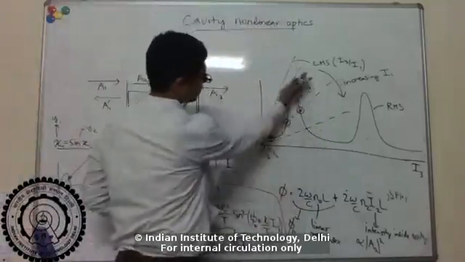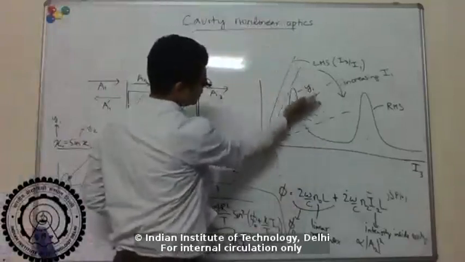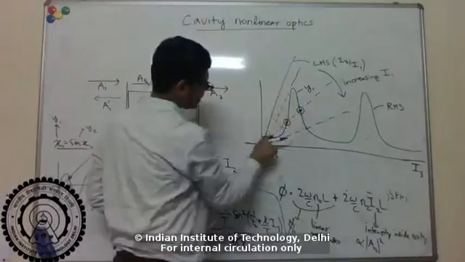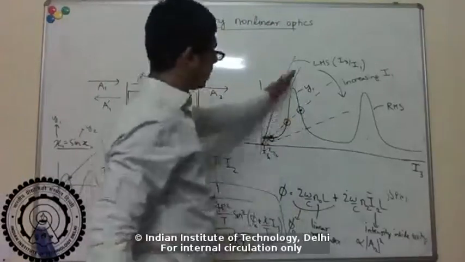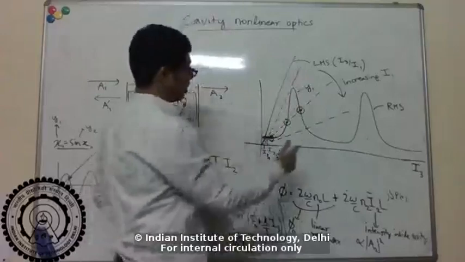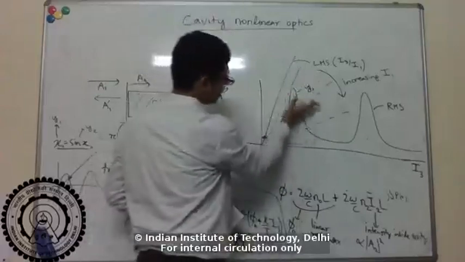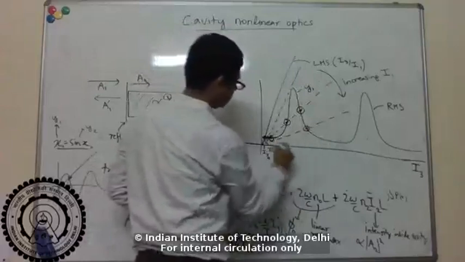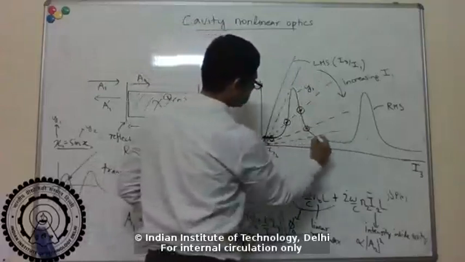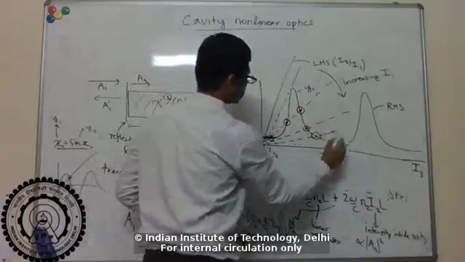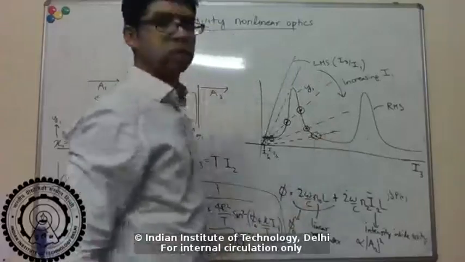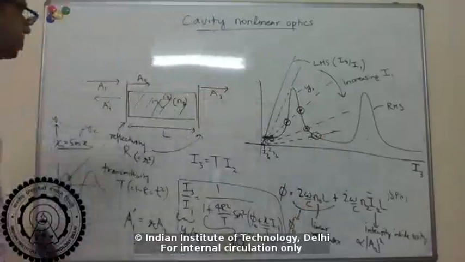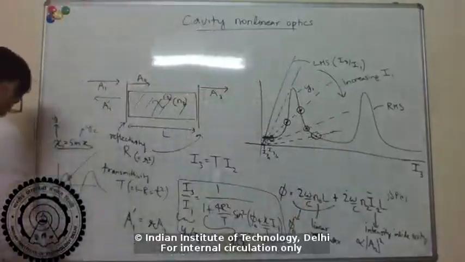So in this range, when the slope is here, it will intersect the resonance twice and here once. So I'll get three solutions. And then if we further increase, eventually it will go lower here, and then again I'll go back to only one solution here.